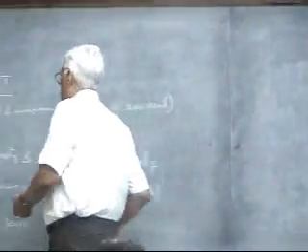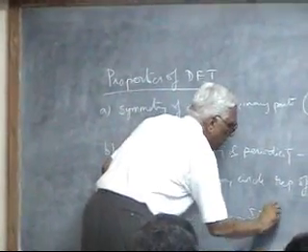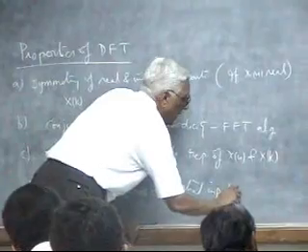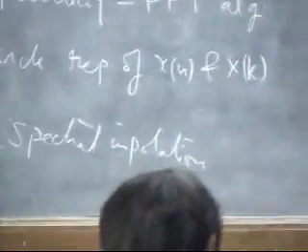So appending with zeros, as I told you, performs what is called spectral interpolation, and you can do a similar thing of course in the other domain. And then I say inserting zeros.